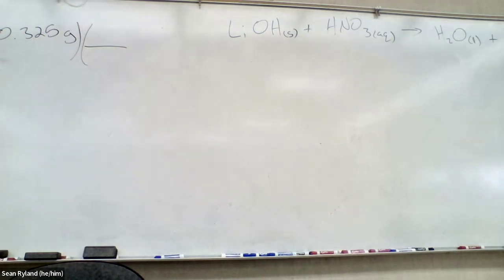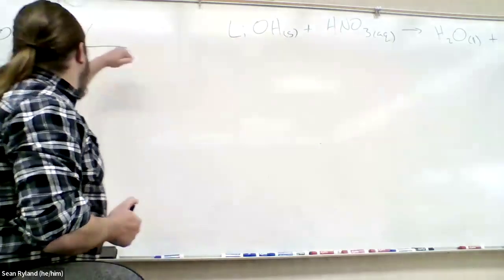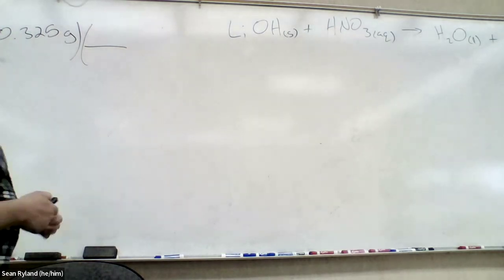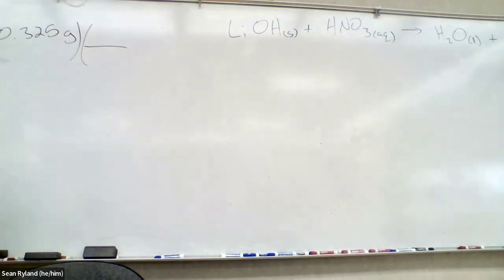Properly balanced. We're good on balancing. Then what's the next step on the stoichiometry problem? Put everything in moles. So 0.325 grams of lithium hydroxide. Lithium's about 7, hydroxide's 17, so somewhere around 24.